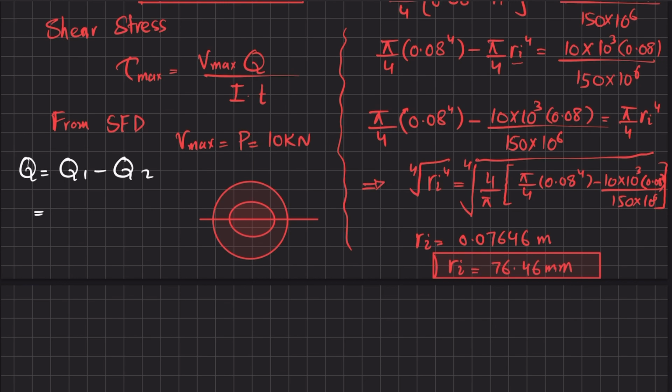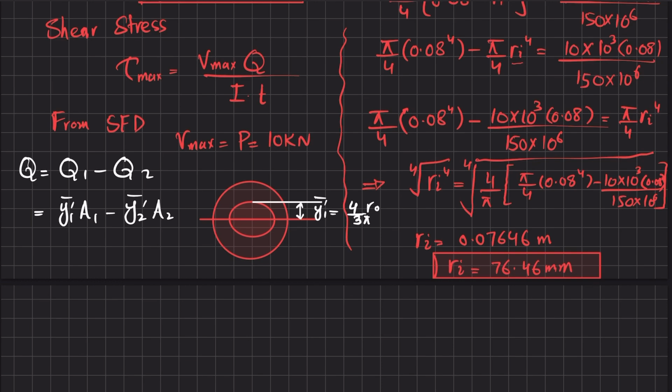Now you can see that Q1 is equal to Y1 dash into A1 minus Q2, which is Y2 dash into A2. What will be Y1 dash? It will be this distance from the neutral axis till the middle of this semicircle, Y1 dash bar, and that will be equal to 4 over 3 pi R outer.